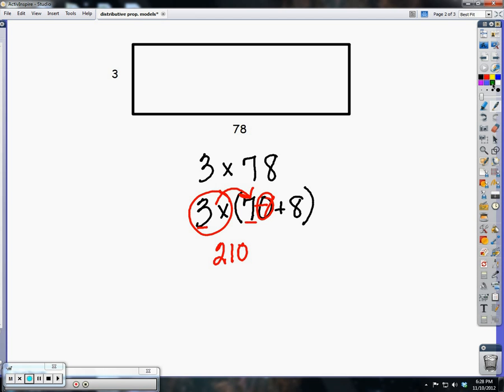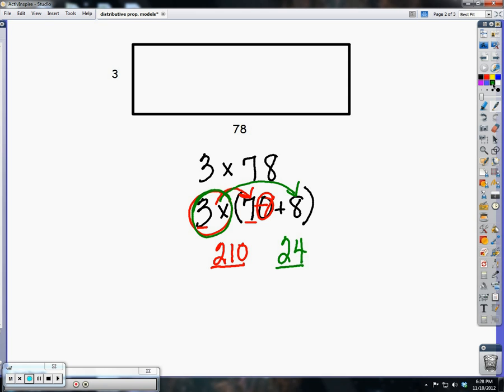Next, I am going to give the 3 times to the 8. Well, 3 times 8 is 24. And remember back in our old model that we just saw previously, the first number represented the area of the larger part of the rectangle. The green represented the smaller part of the rectangle.